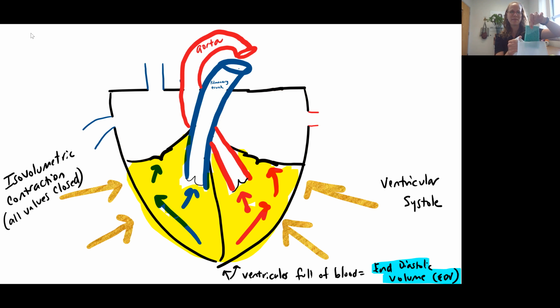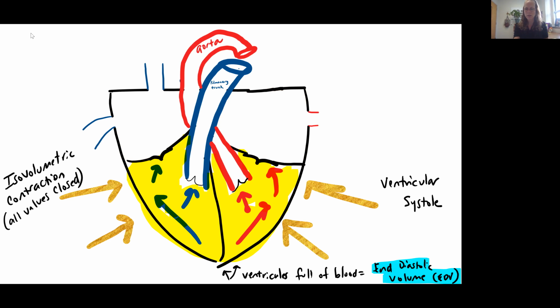Oh, I didn't quite make it. Okay, so let's pretend I did a good job. So my sponge has soaked up some water passively, right? And then I'm going to let it go ahead and get all the way soaked up. That's my final push from when my atria contract. So however much fluid I have in my sponge at this time, let's call that my EDV, my end diastolic volume.